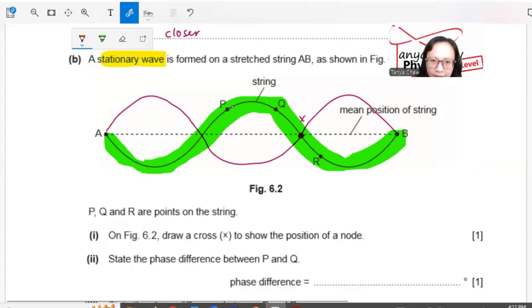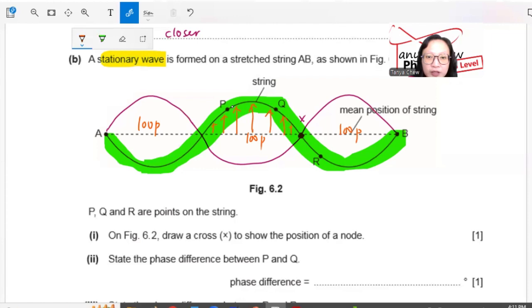How do you see? If you like the one that I highlighted, just look at that wave profile. Look at P, look at Q. They are on the same wave, right? So you know that this is what we call loop. 1 loop, 2 loop, 3 loop. You could see that this wave profile is being formed when the particles are vibrating upwards.